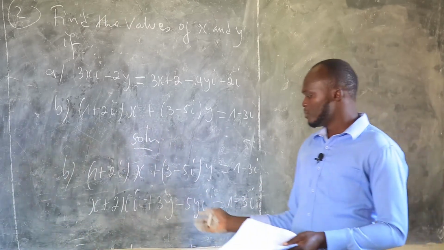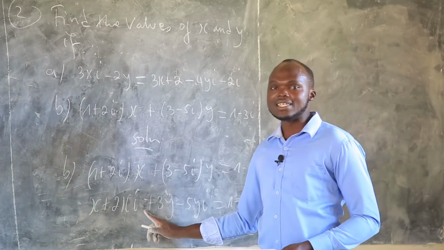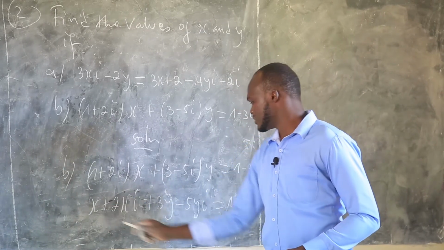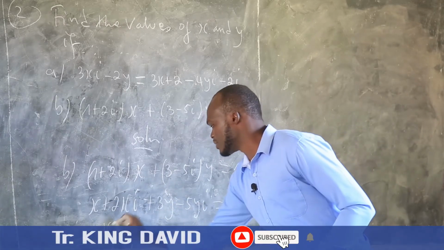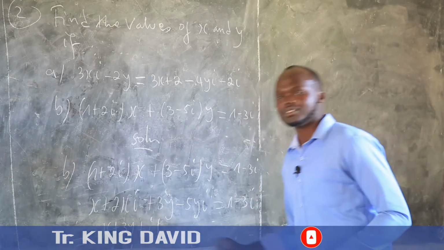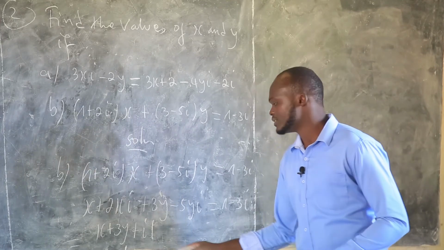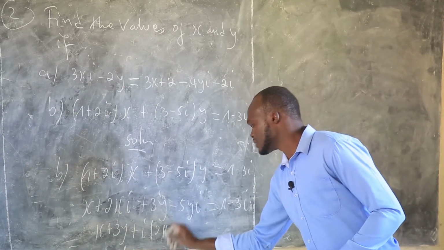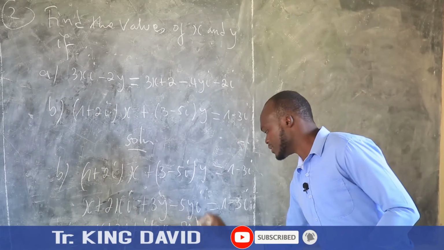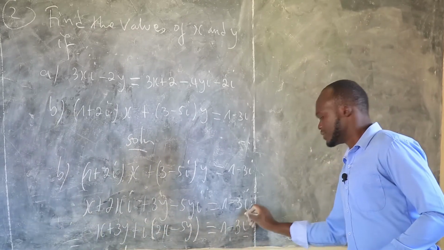So we try to put the real part together and the imaginary part together. The real part is the part that does not contain i. So this is a real part and this is a real part, which is x plus 3y, plus i times the bracket of the imaginary part. We collect the imaginary part together, so we have 2x and minus 5y, then equal to 1 minus 3i.